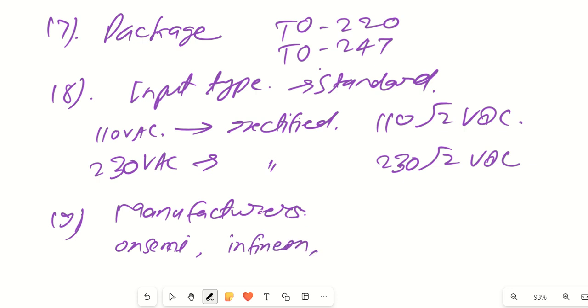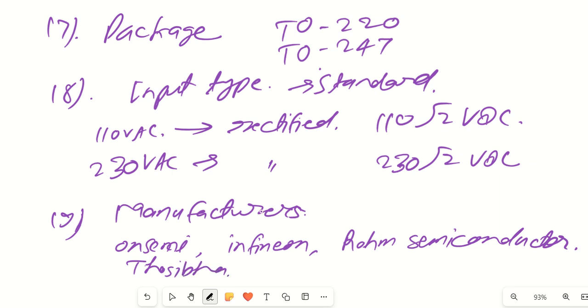You can also take Rohm Semiconductor. You can even take it from Toshiba. I hope my spelling is right. Toshiba is also one of the best manufacturers for IGBTs.